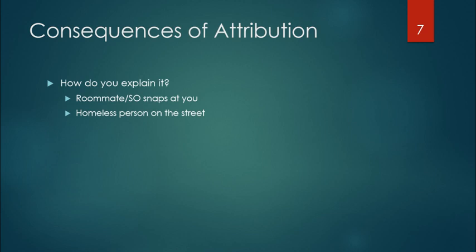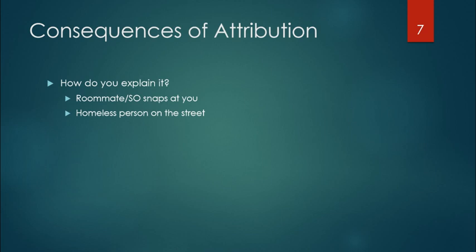If you explain that behavior that way, then you are likely to not have positive feelings towards your roommate. You'll probably avoid them. You might snap back at them. There might be a lot of tension, a lot of anger between the two of you, and that is going to have a negative impact on your interactions from that point onward.